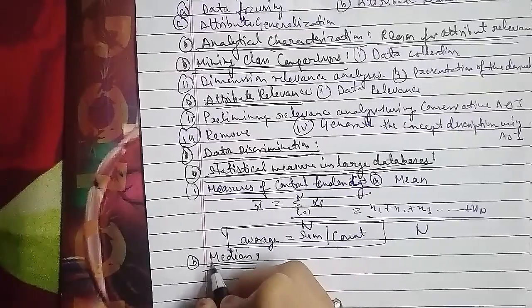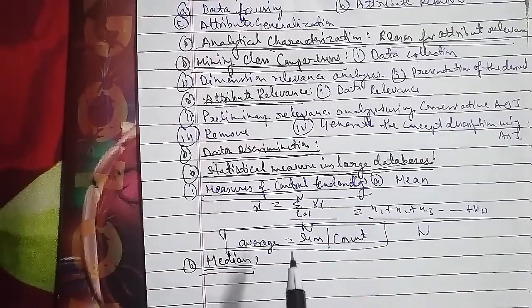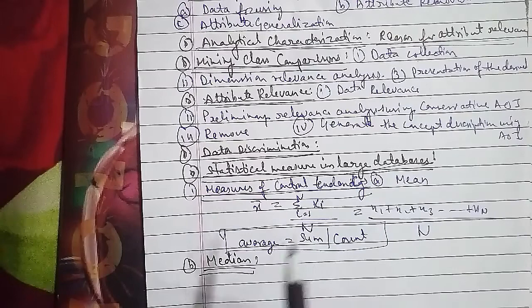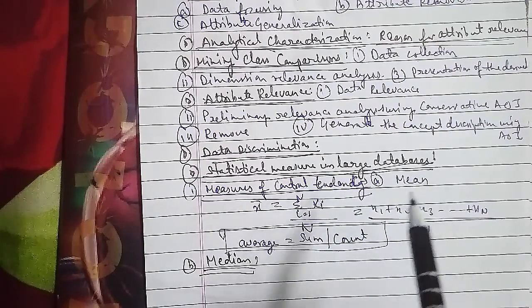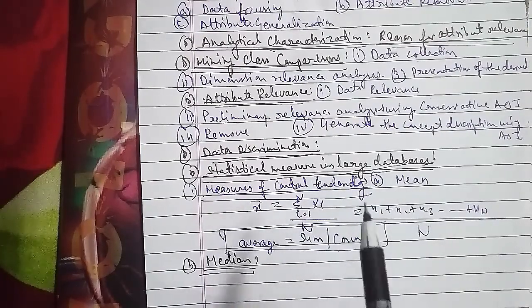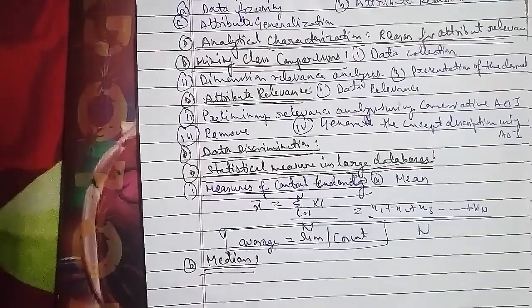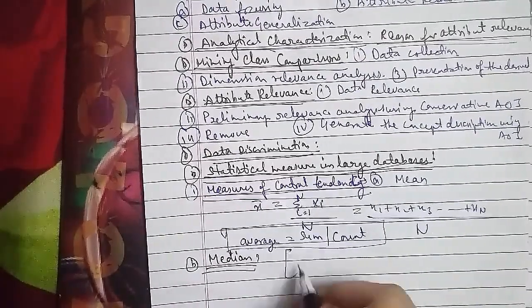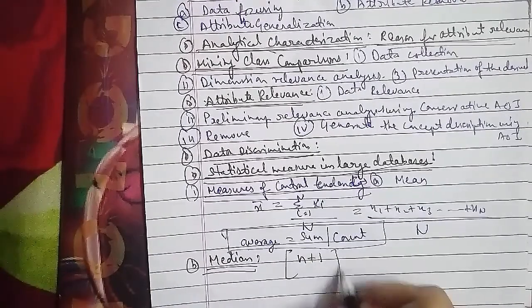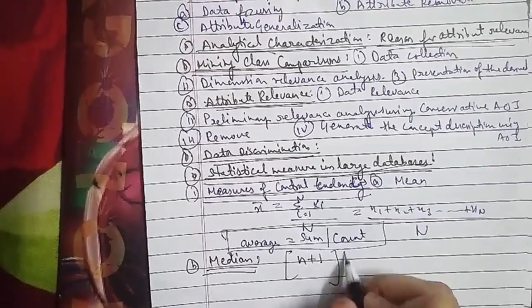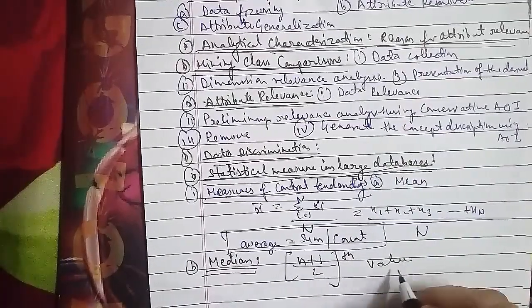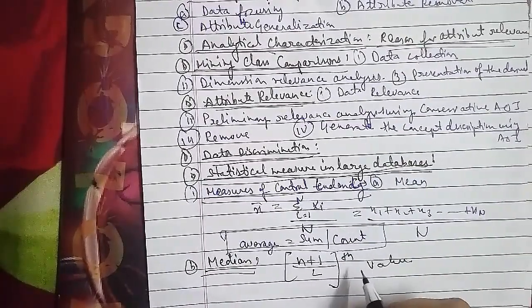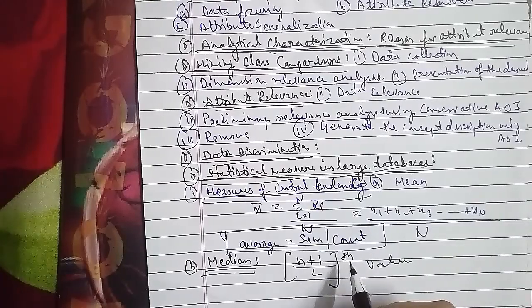If x1, x2, up to xn are arranged in ascending order and n is odd, then the median is the value at position (n plus 1) divided by 2. For example, suppose we have the values 1, 4, 6, 7, 12, 14, and 18. In this, we'll count n plus 1, and we'll solve it out.